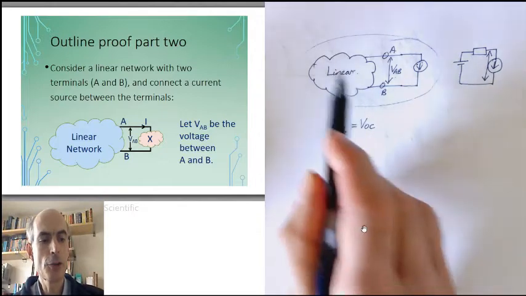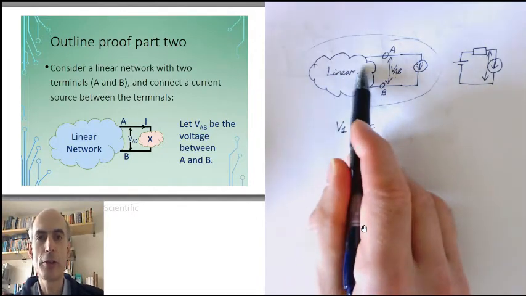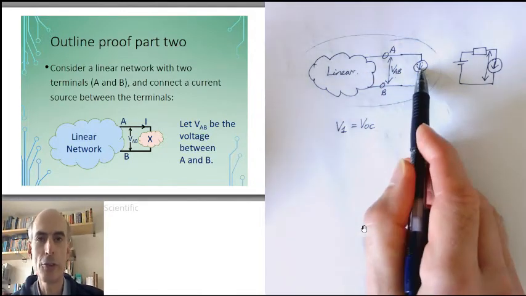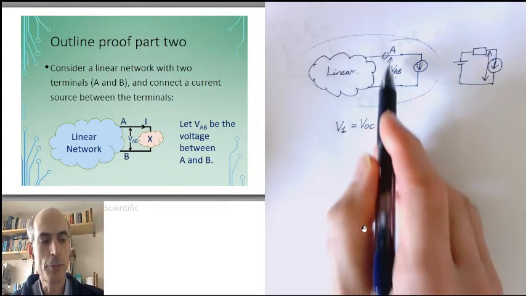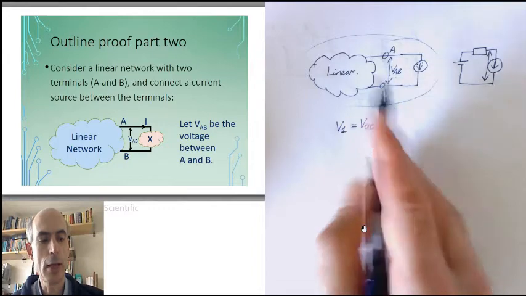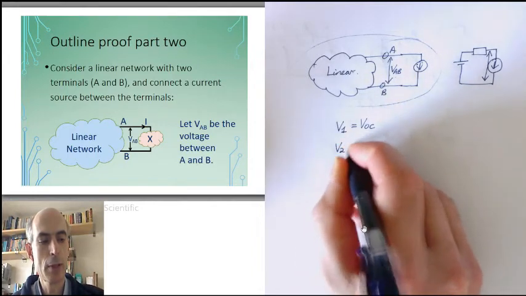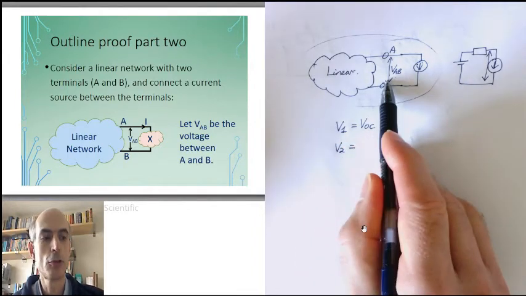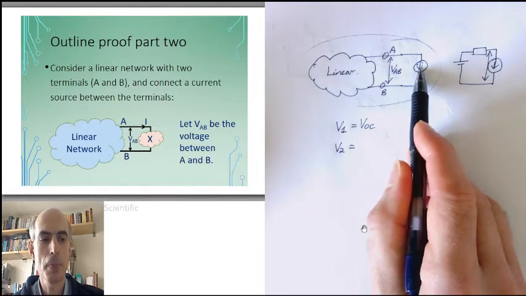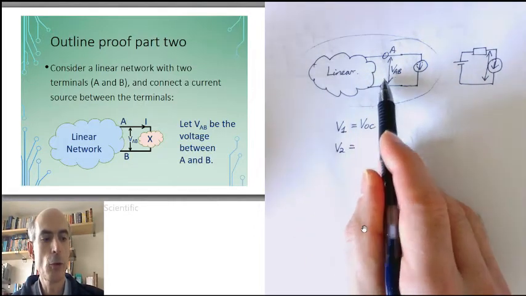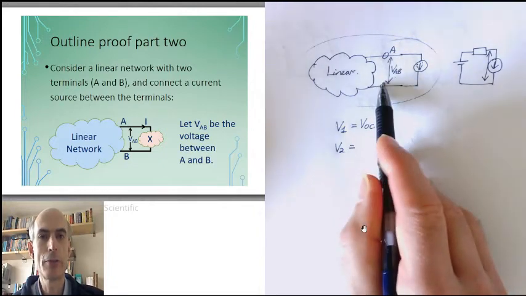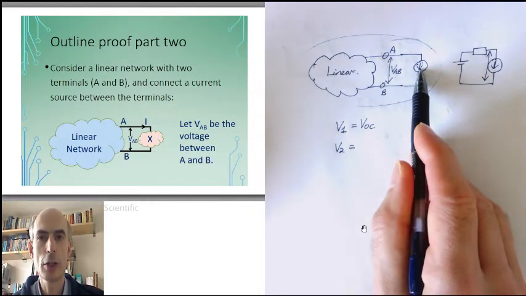Then I can turn off all of the sources in this linear network and only consider this current source. The second contribution to this voltage between A and B is now the contribution due to this current source. Since this is a linear circuit, the voltage here must be linearly related to this current source.